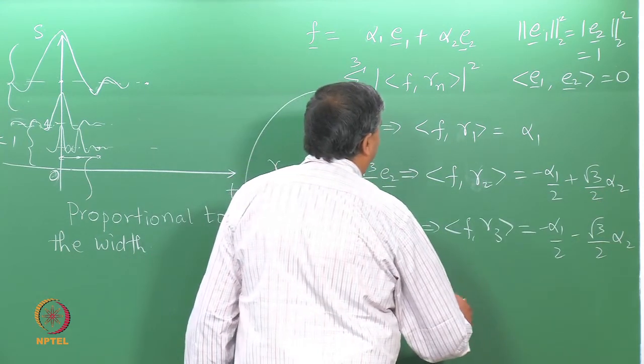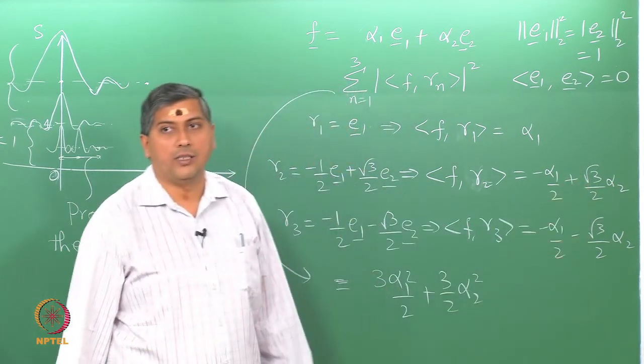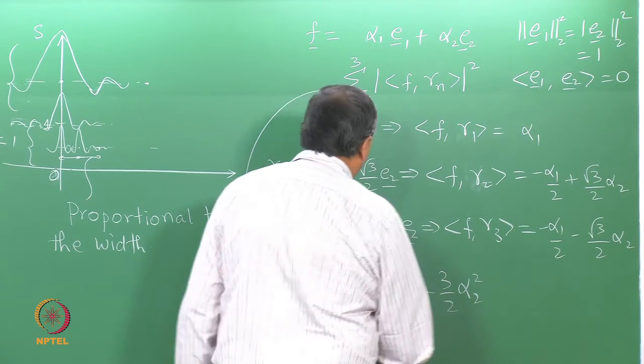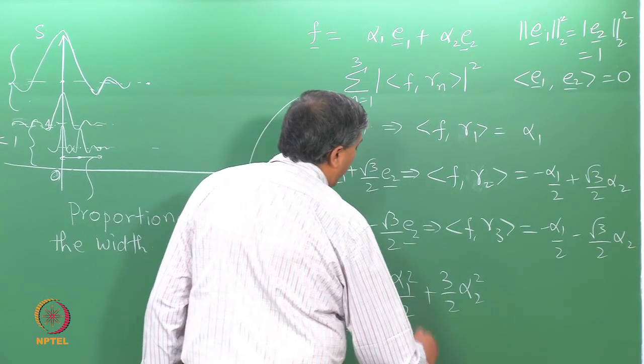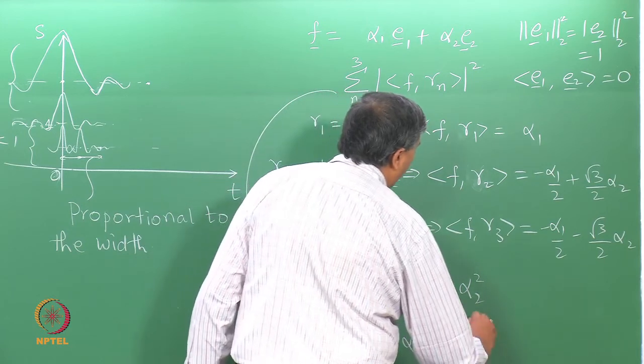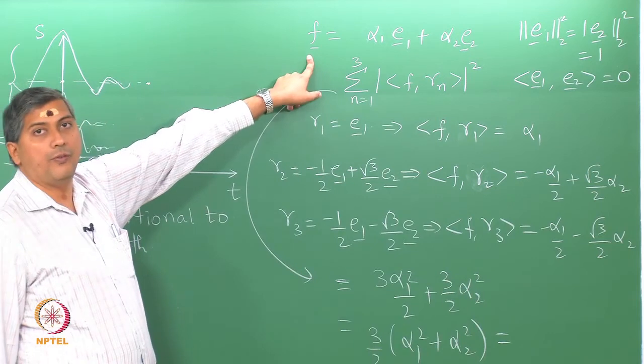So I get 3 by 2 alpha 2 square, then I have the cross terms which cancel out each other. This is nothing but 3 by 2 times alpha 1 square plus alpha 2 square, and alpha 1 square plus alpha 2 square is nothing but the energy of f.